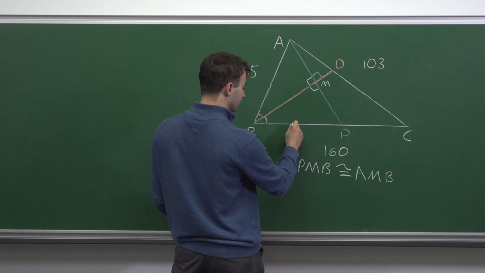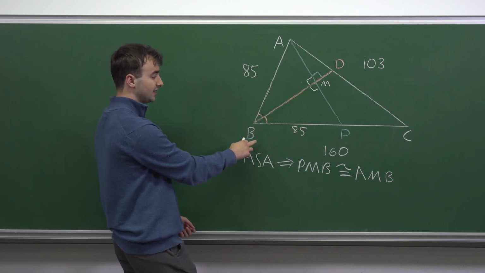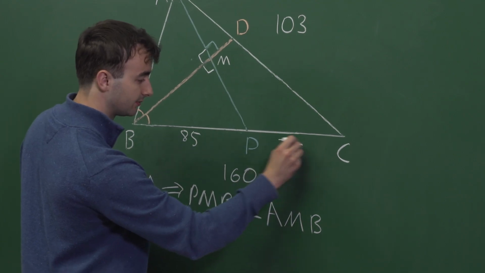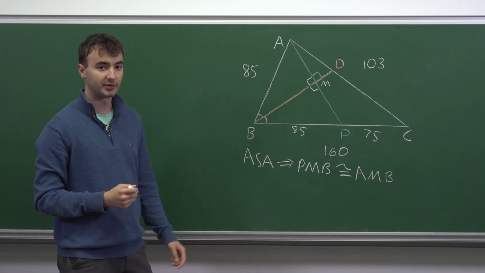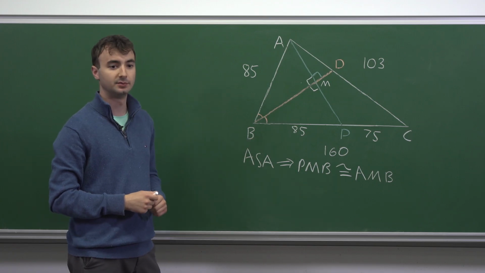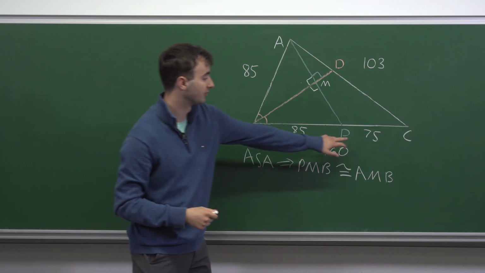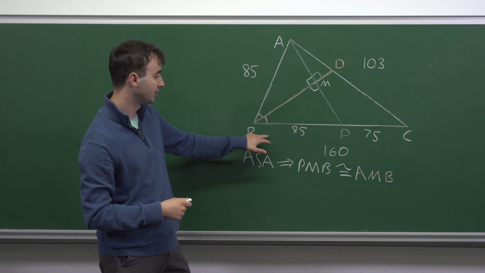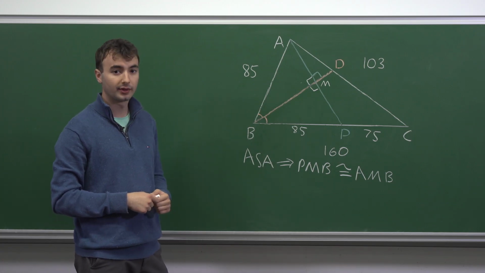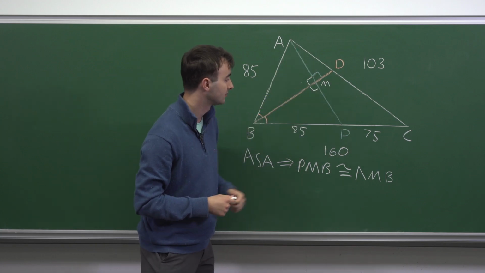So we know that BP is 85, and therefore, since BC is 160, PC is 75. So we can see from this that P is not the midpoint of BC. The two lengths aren't the same. We've also just worked out what the length of PC is, because once we know BP, we can subtract it from BC.